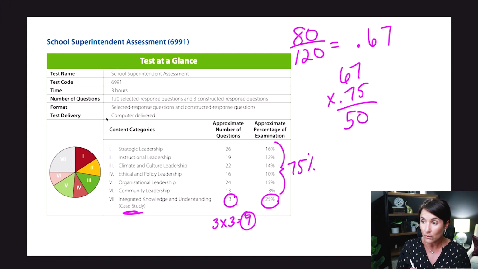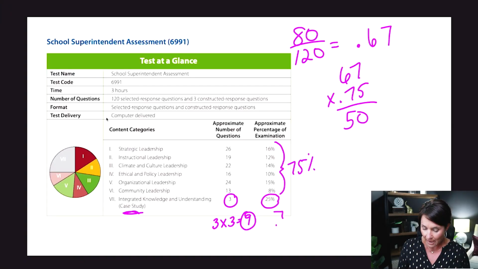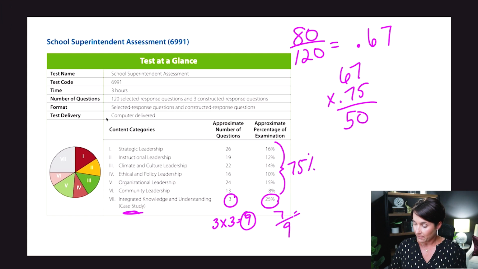So 9 possible points on the writing. Now that's 25% of your grade. So let's just say you got a 7 out of 9 on the writing. When we divide 7 divided by 9, we get 0.77777 on out. So let's just do 0.78.